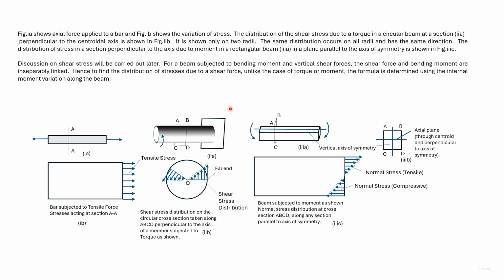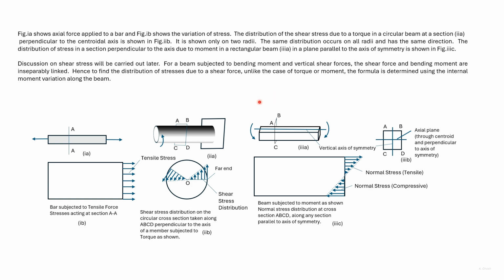Finding the stresses perpendicular to the axis in a section for a bar subjected to torque or a beam subject to moment was more involved. To start with, in both these cases, we found out the variation of strain using heuristic arguments.